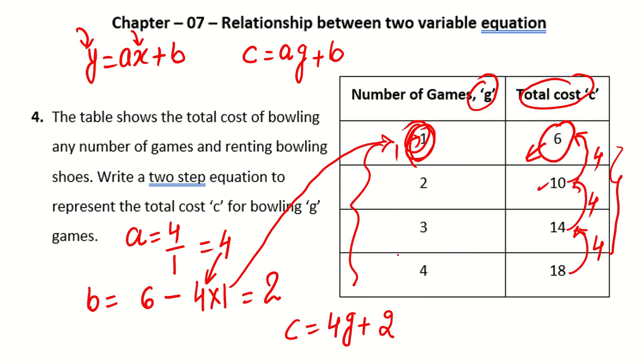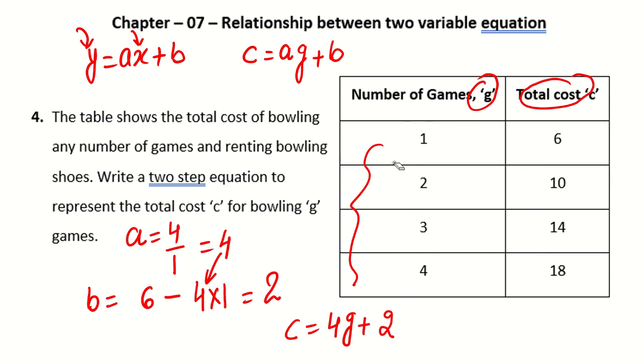Then take the value of G as 3. 4 multiplied by 3 is 12. 12 plus 2 is 14. So again we are getting the same answer. And then the last value, just to check only. Value of G is 4. So 4 multiplied by 4 is 16 and 16 plus 2 is 18. So like this we can match all the numbers in the table. It means this answer is correct.